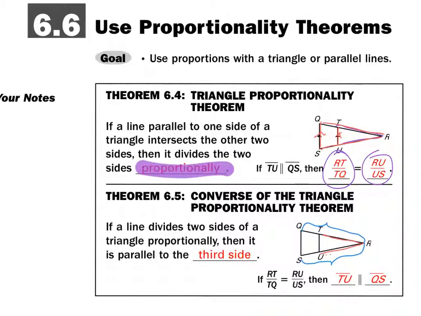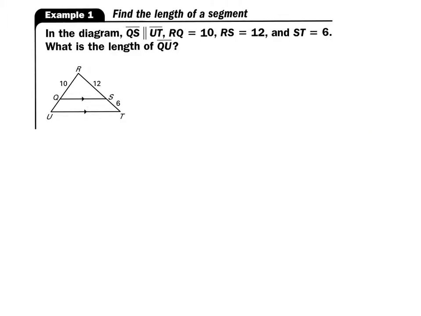If these two ratios are equal to each other, meaning the two sides are proportional, then this line is parallel to the third line, meaning TU is parallel to QS. So let's see how we use it.